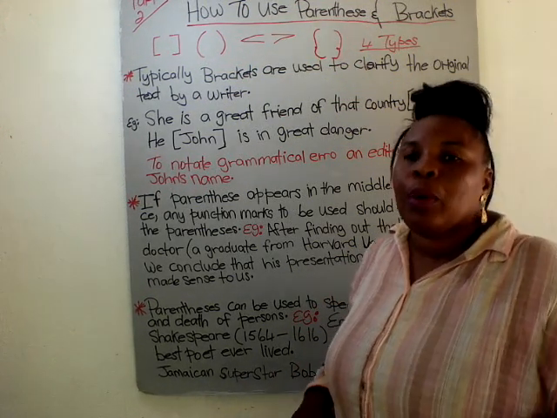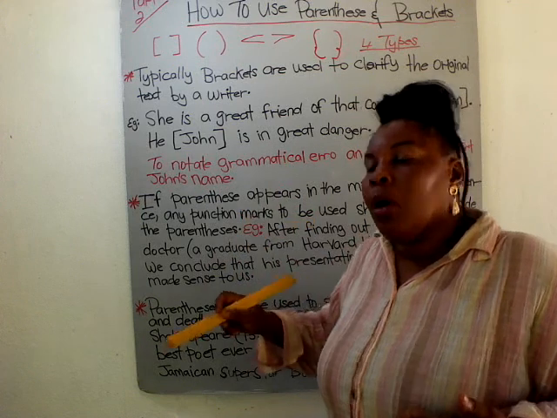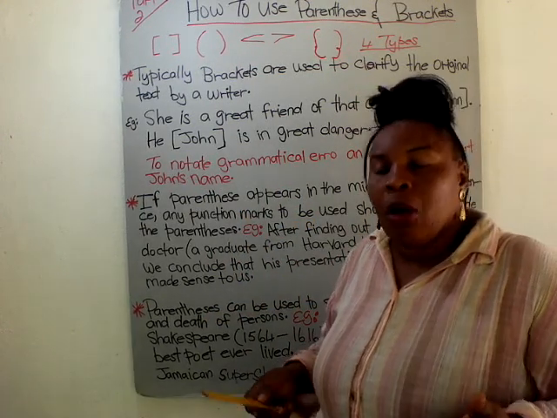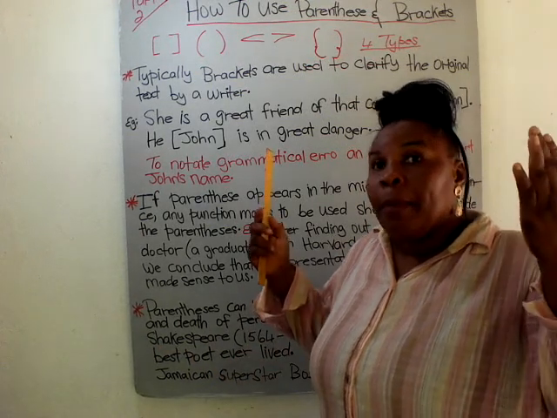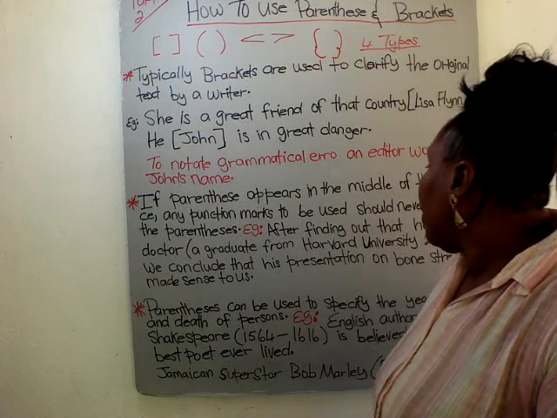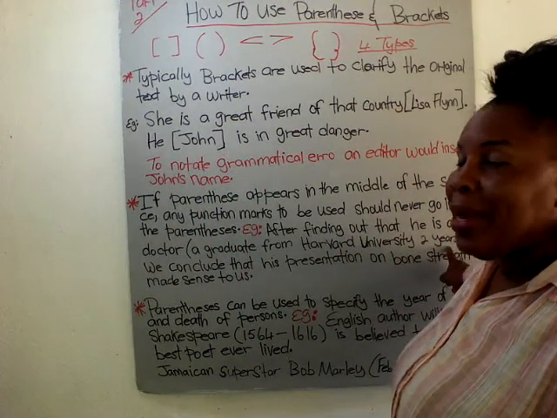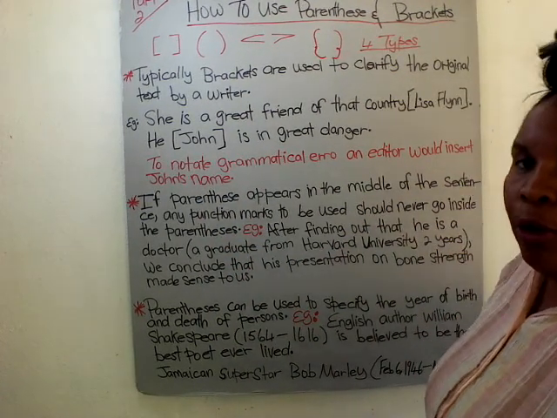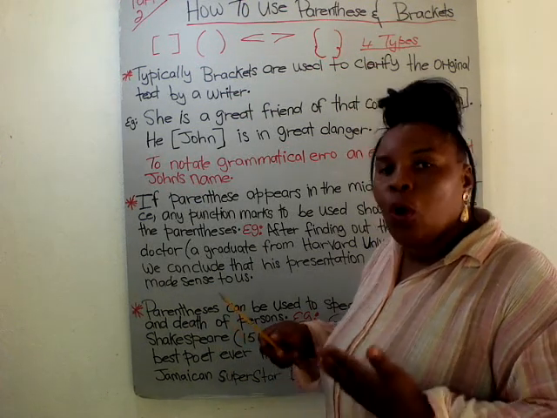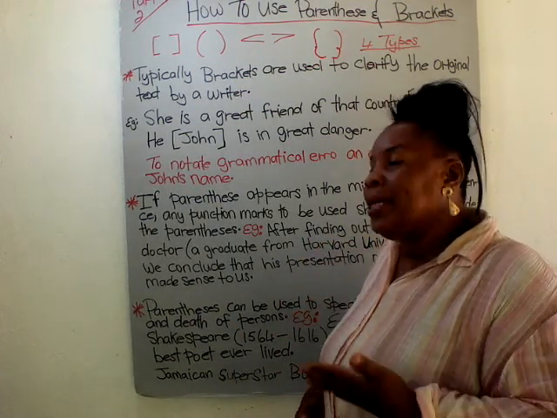You do not put the comma inside the parentheses or the punctuation, whether it's a comma or a question mark or an exclamation. You don't put it inside the parentheses. You put it outside of the parentheses, right? Because that's where you would continue on from whatever you're trying to say.